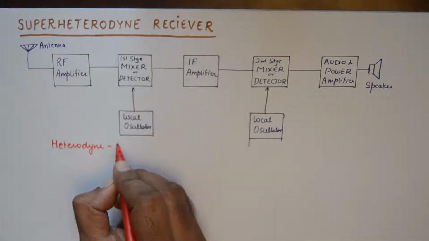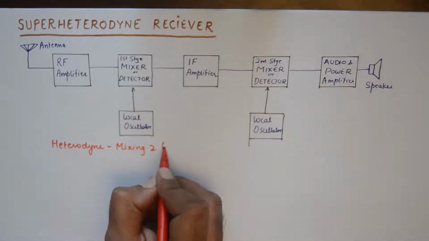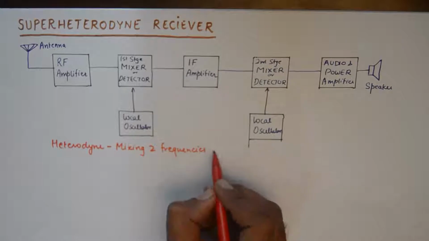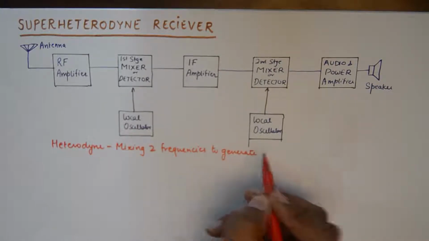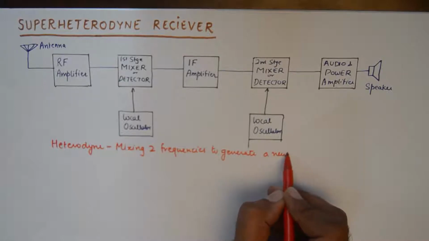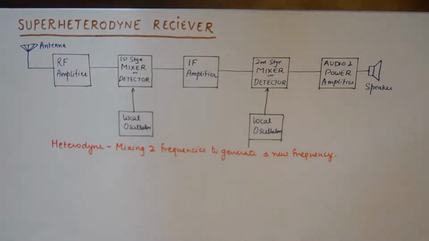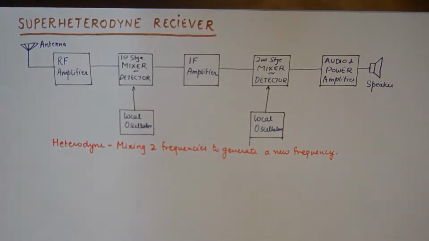So, if we were to define this, we can say mixing two frequencies to generate a new frequency. If you understand the rationale and meanings behind the terms of this receiver, it will be easier to understand the whole concept.